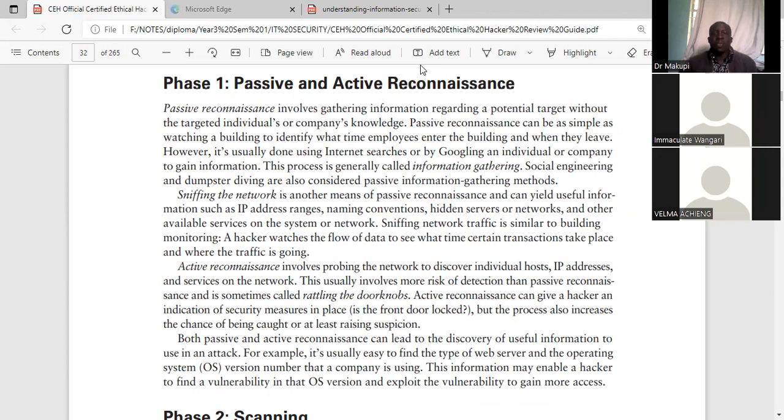Other means of passive reconnaissance include sniffing the network. So you are trying to sniff the network, and normally it is to identify the IP ranges. The IP address scheme for these people, how is it conventionally designed? You see, if I see some of these IPs, like 192.168.10.0, I can guess and understand it is using a scheme, which IP address range?